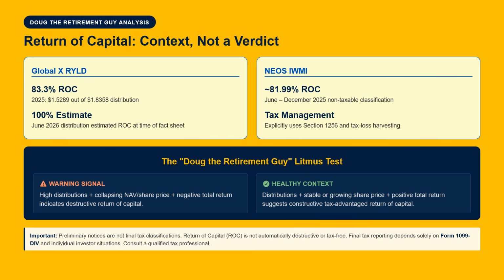Now, NEOS on the other side still declares 81% ROC, but they also use the 1256 contracts. They also use tax loss harvesting. Okay.